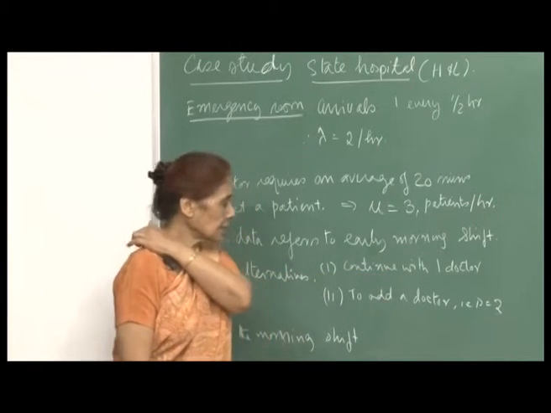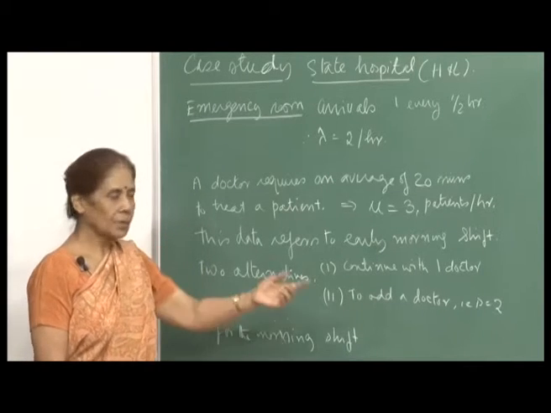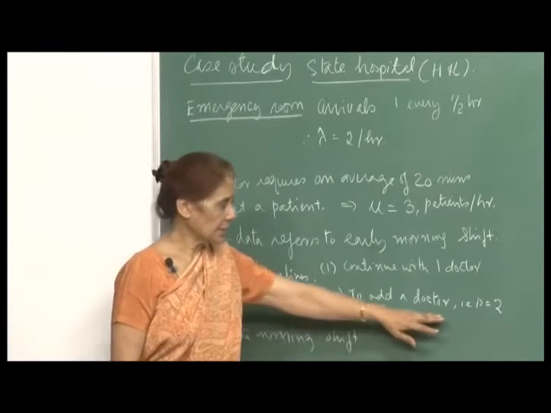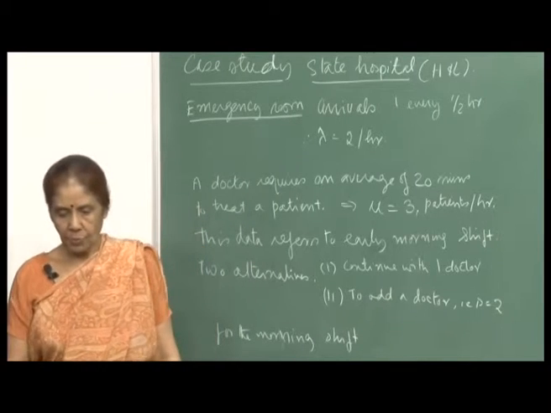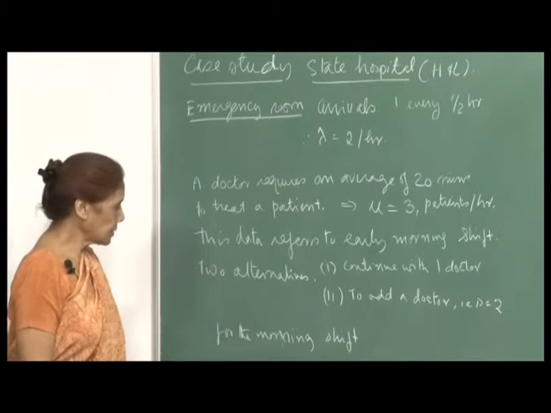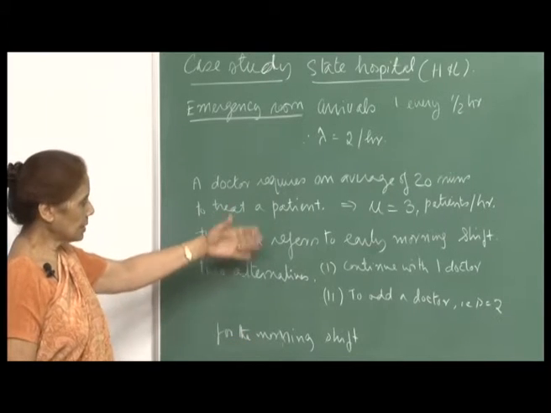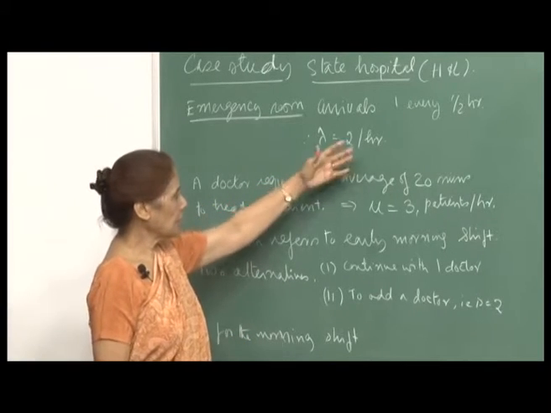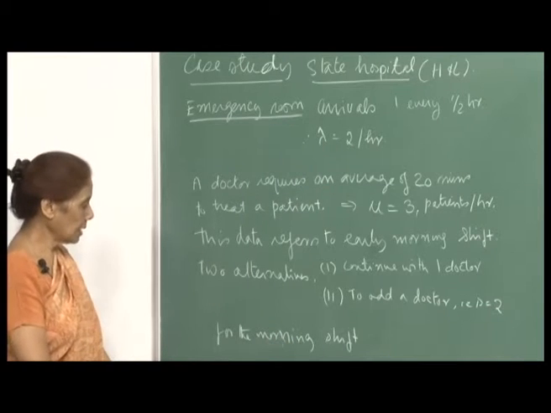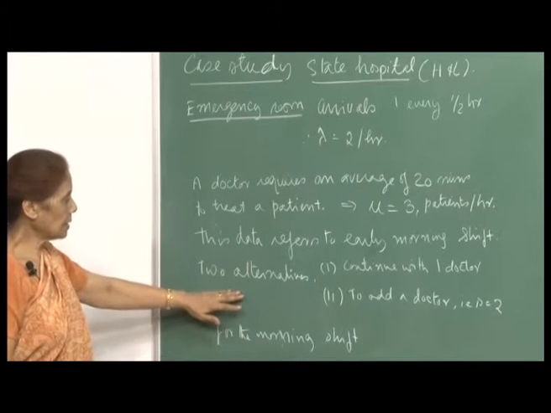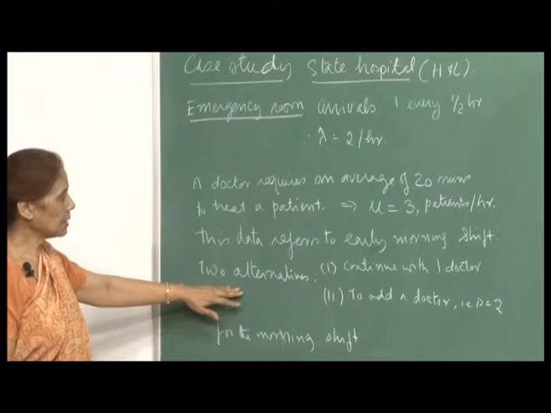Either they continue with one doctor, or they add another doctor, so the number of servers goes up to 2. These are the two alternatives just for the morning shift. It is not for the whole day, because for the rest of the day your lambda may change and even your mu may change.